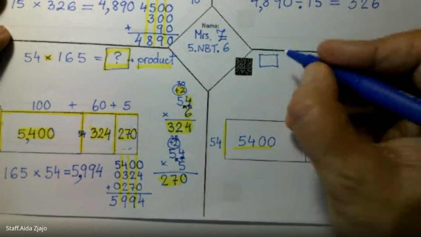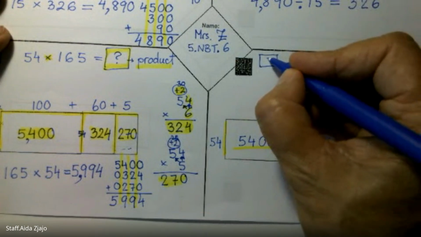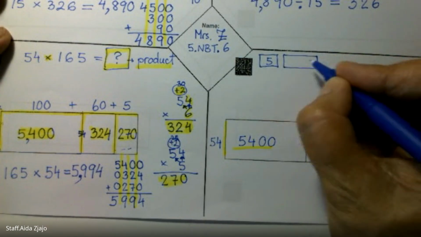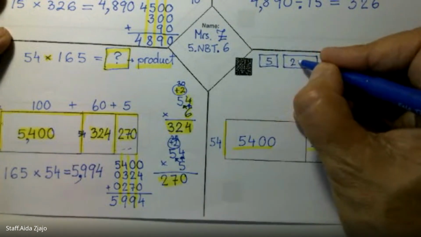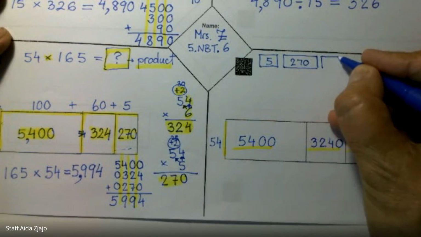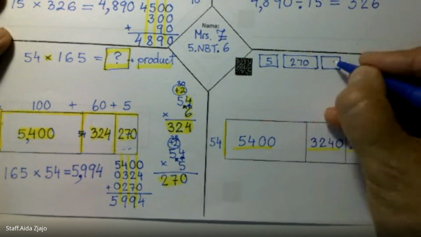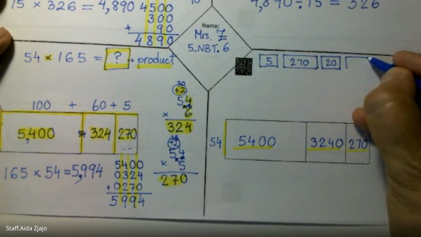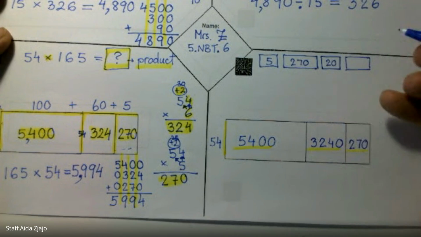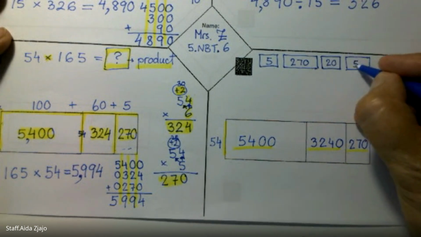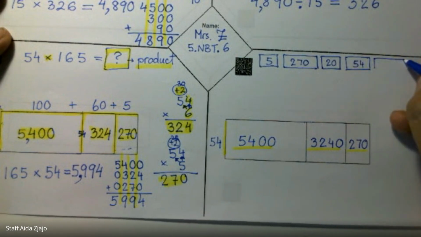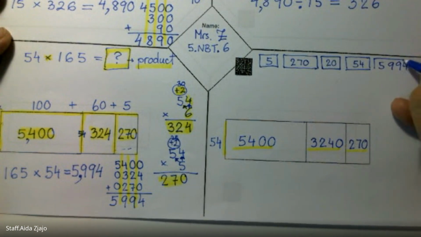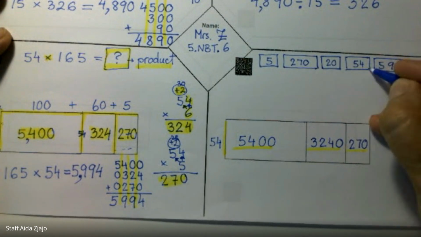They could have a 5, and then 200, 270, they could even have a number that doesn't belong, like 20, or 54, or 5,994.